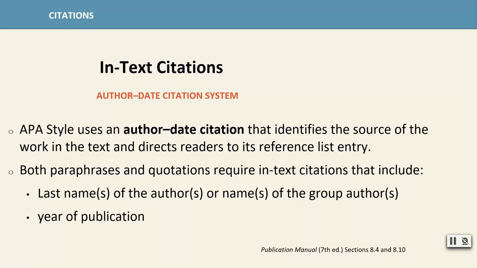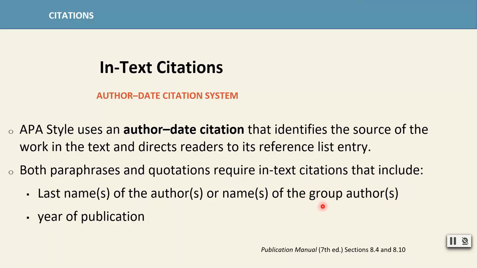And also understand that you may have group authors, you may not have an author. Many times a publication from the government might be a very good resource to be using, but you won't have an individual author. You'll have a group author.